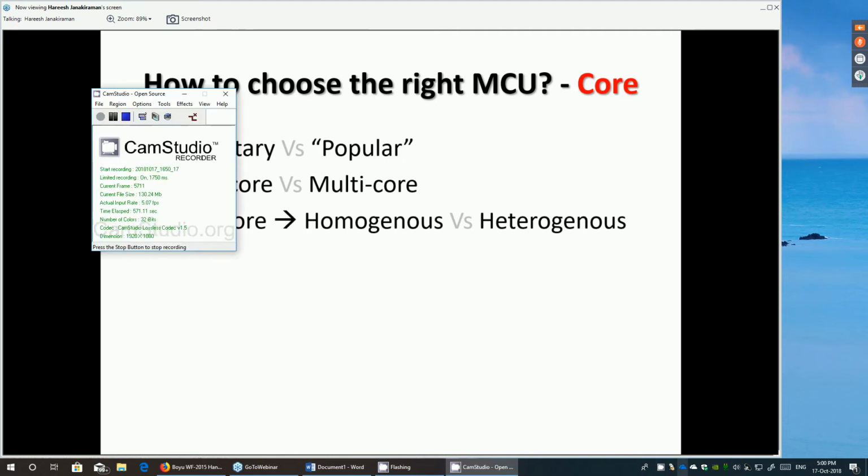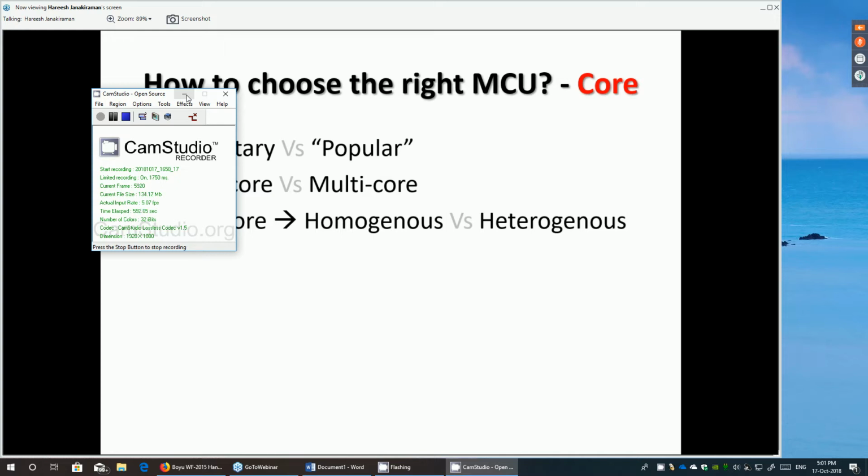So I tell them, okay, Suresh, you get a job as a hardware designer in ISRO. Your manager comes to you and tells you, okay, for the next project I'm making you the hardware designer. So your job is to pick the right microcontroller for the project. How do you go about it?